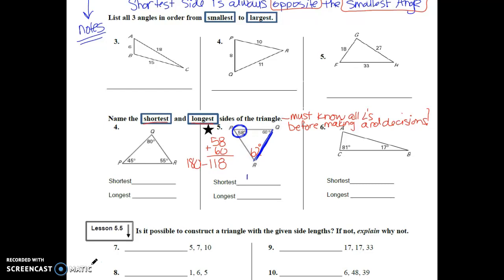On the outside here, RQ does not touch angle P. Those two are opposite. Then we find the biggest angle, which happens to be our 62, and we identify the opposite side, which again does not touch the green angle, and PQ is my longest side.